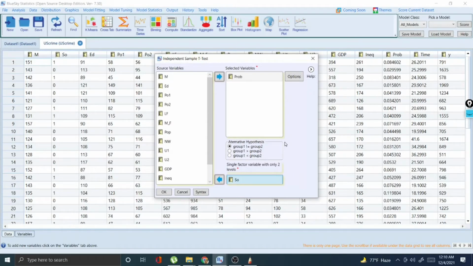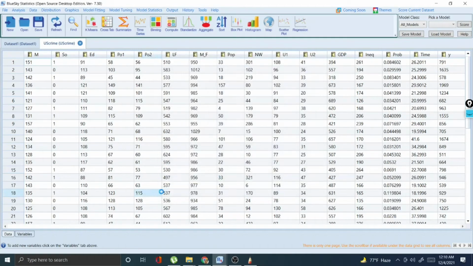I repeat again, our null hypothesis is that southern states of USA and non-southern states have equal probabilities of imprisonment. Our alternative hypothesis, which is mentioned here in the box, is that they are not equal. This sign means not equal. These two groups or two variables are not equal.